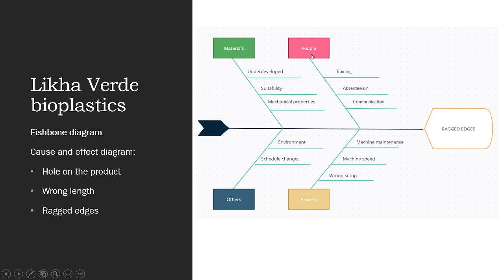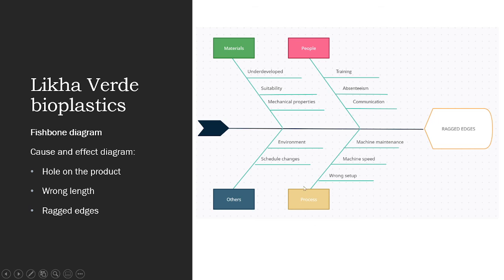Next is the people or the manpower. Is there proper training for them or not? We either terminate them or give them an evaluation, and check whether the employees have absences or miscommunications.